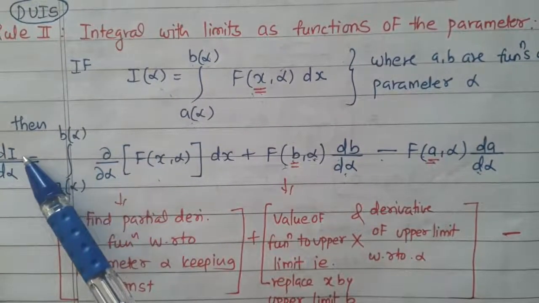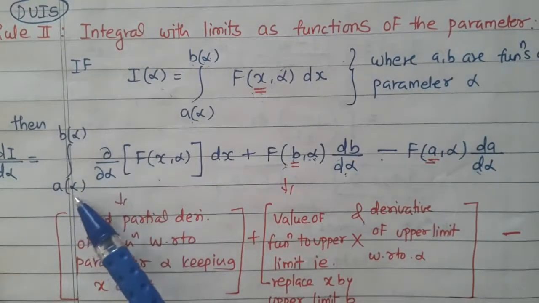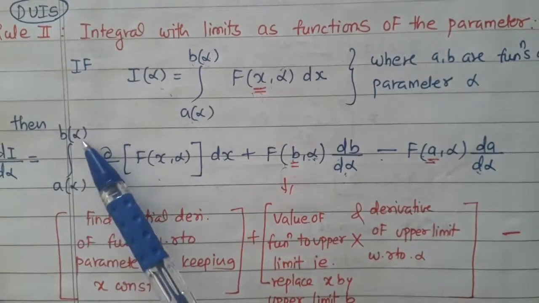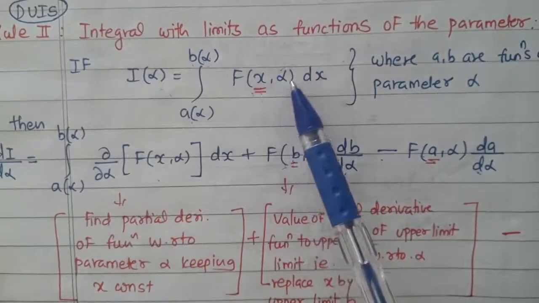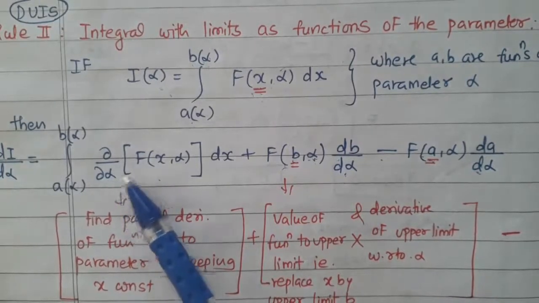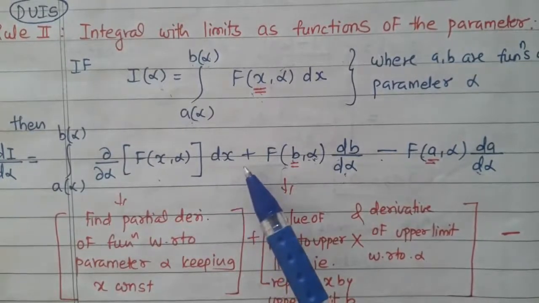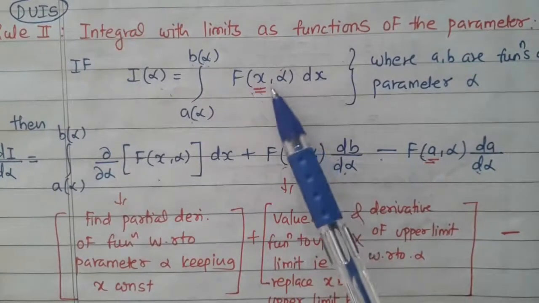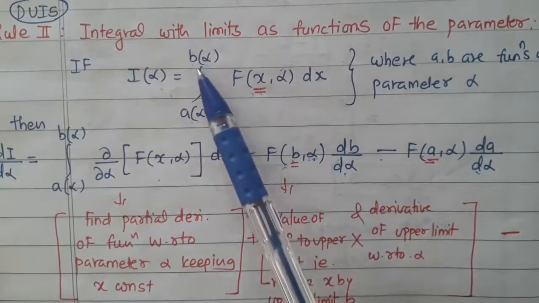So dI by d alpha is equal to the integral from a of alpha to b of alpha. First step, find the partial derivative of this function with respect to the parameter alpha, that means partial derivative with respect to alpha of f of x, alpha dx, plus the value of this function inside the integral at the upper limit.